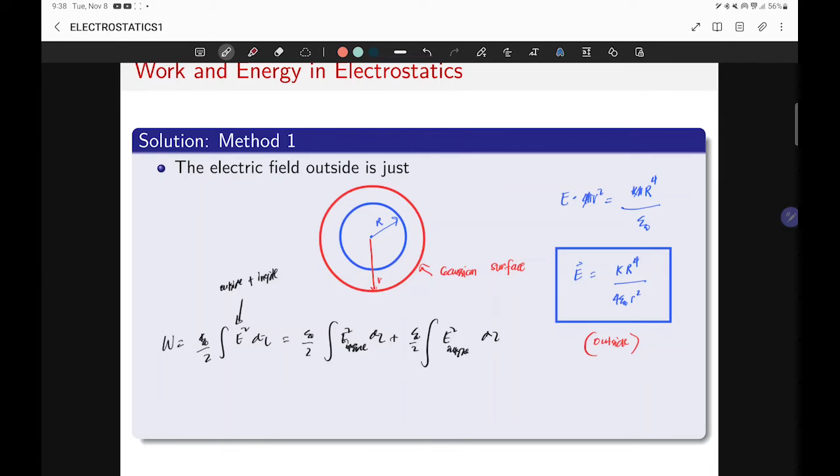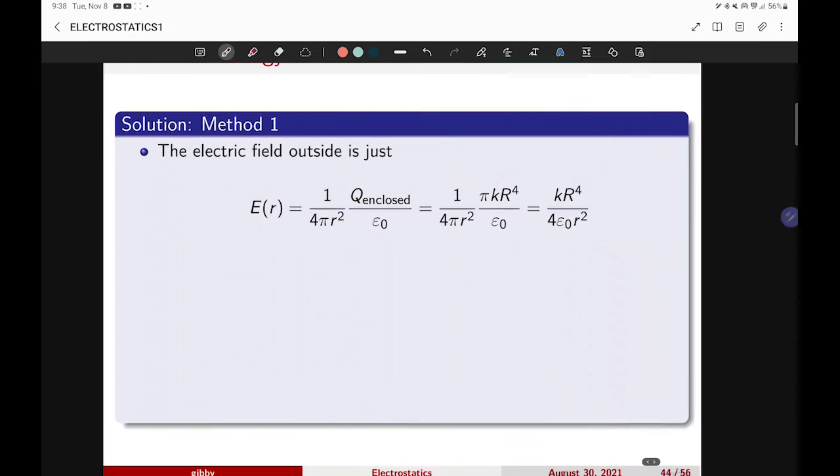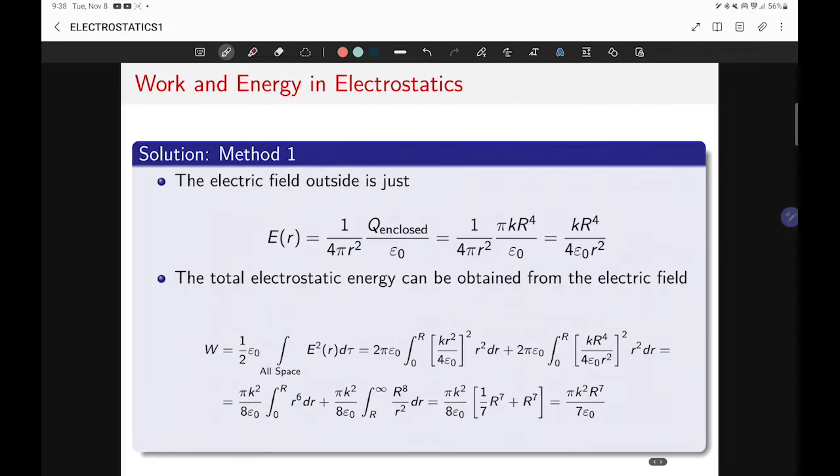Okay, so this is inside, and this would be outside.